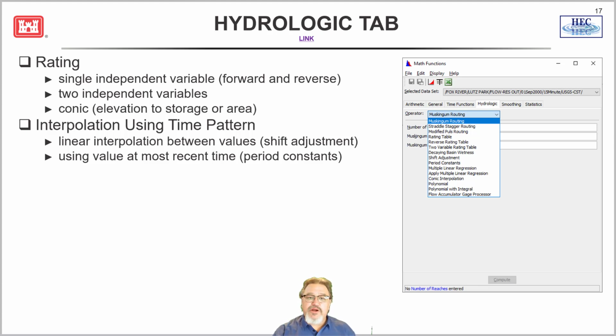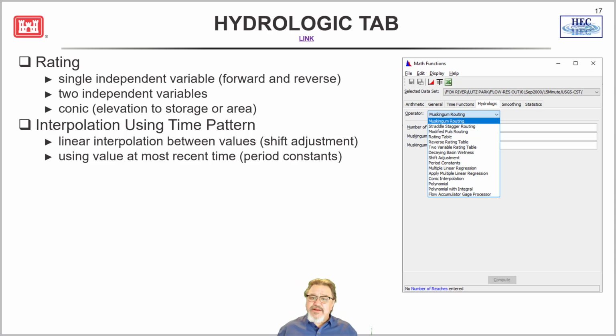But here we are, and so you can linearly interpolate between values, and that's called a shift adjustment, and that is doing interpolation with a pattern. It can be a regular time series, but it can also be an irregular time series, and so you can just interpolate between the times at that time series for the values at the current time series.